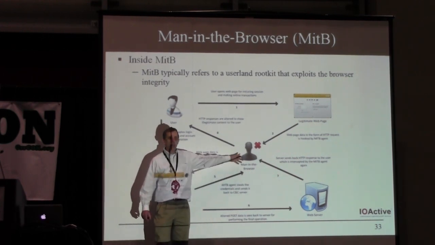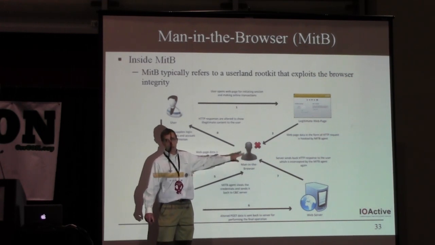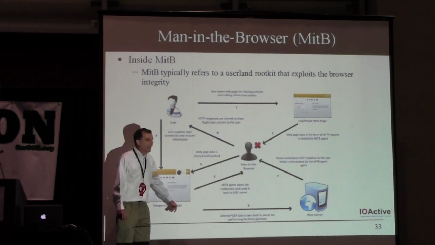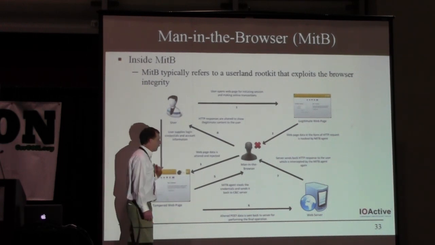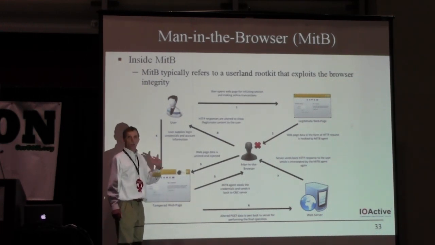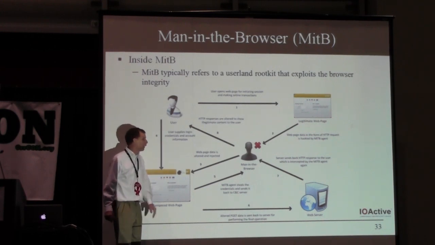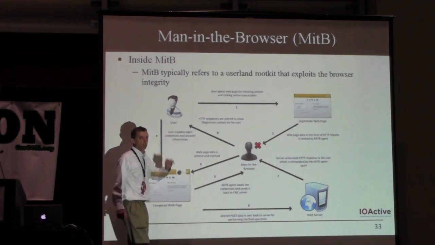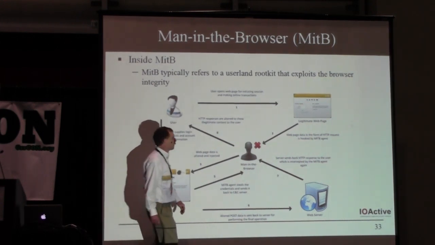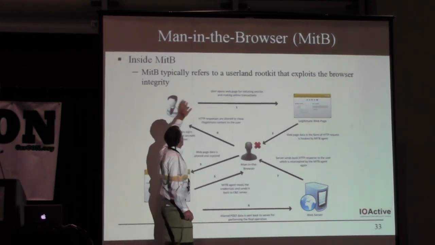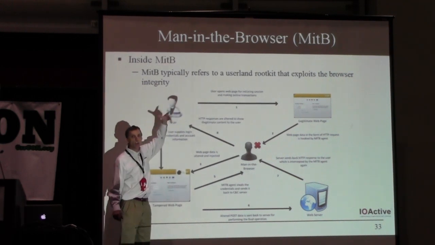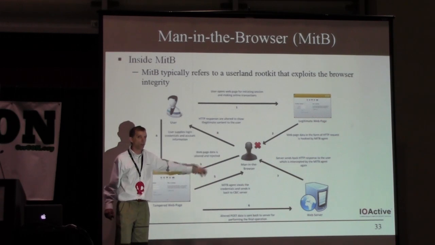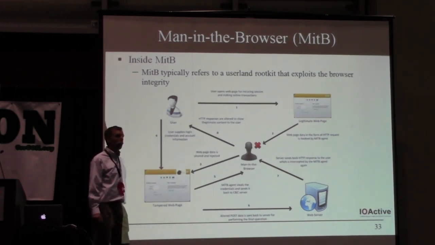I'm going to grab the information, maybe out of the form, maybe out of the extra stuff that I added in there, and at the same time, under its normal operation, so the user doesn't see anything going on, the request will be sent to the server. That comes back, and the user sees whatever, they get to do their banking transactions, and everything looks fine.